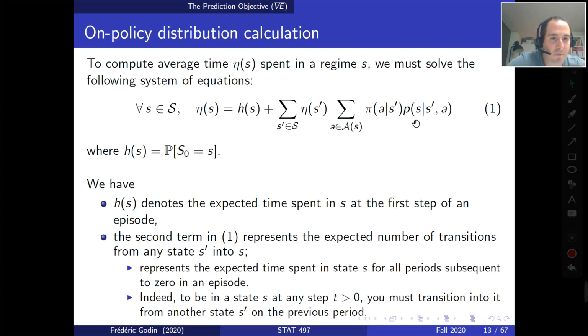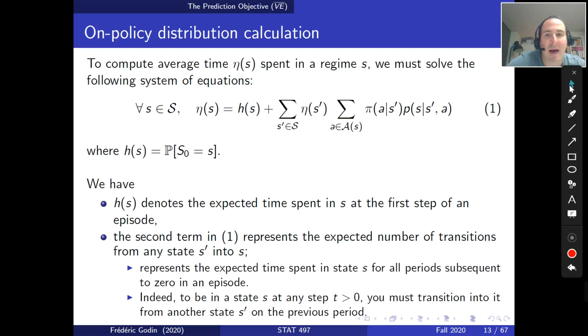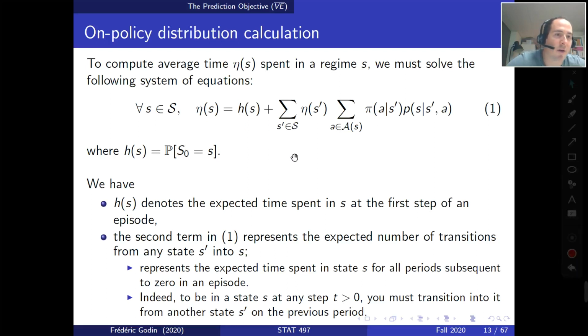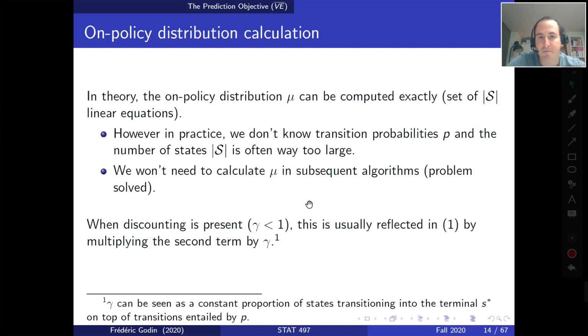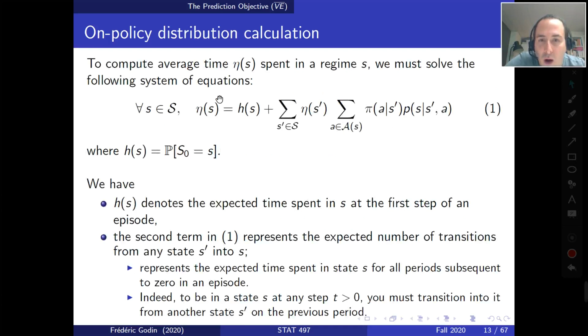This seems problematic because these etas, or the function mu, appear in the objective function, and we are trying to optimize the parameters w to find the best approximation of the value function to minimize the objective function, and we cannot calculate the mu found in the objective function. Is this a problem? Another problem is that we would need transition probabilities here, but these are also unknown in many problems in practice.